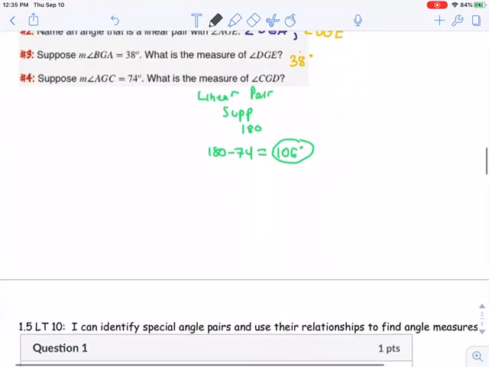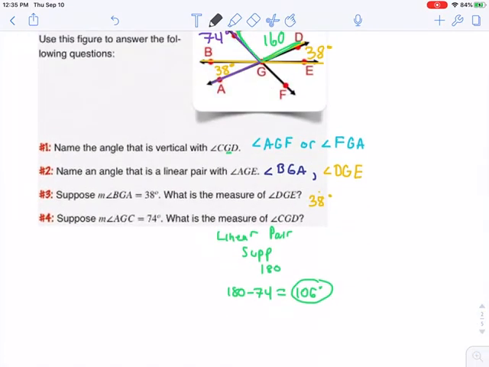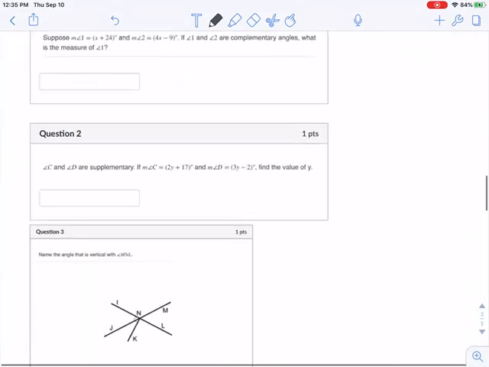And just one more side note before I end the video. So linear pairs are supplementary, vertical angles are congruent. Supplementary, we've talked about that: 180. Complementary, talked about that: 90. All right, so just a massive review of all the stuff we talked about yesterday.